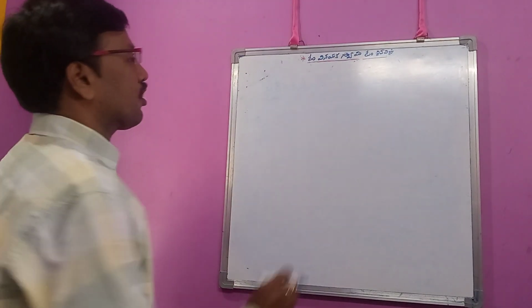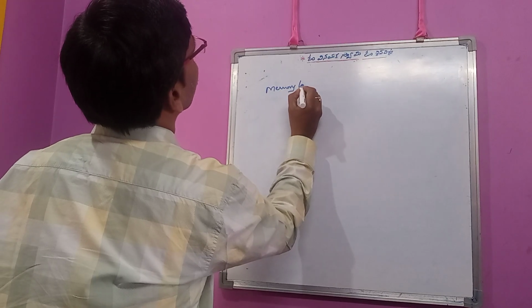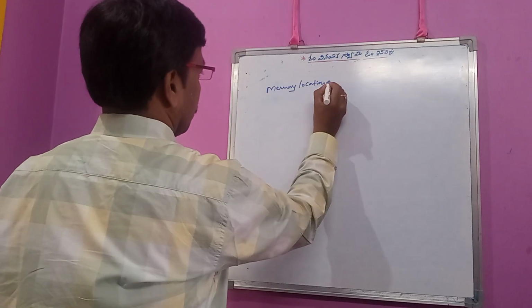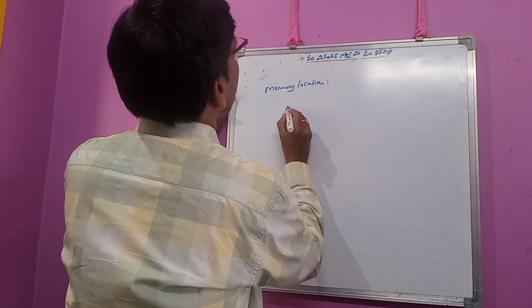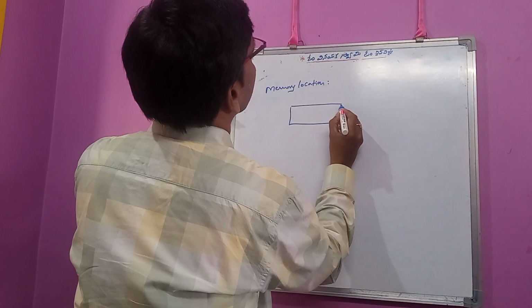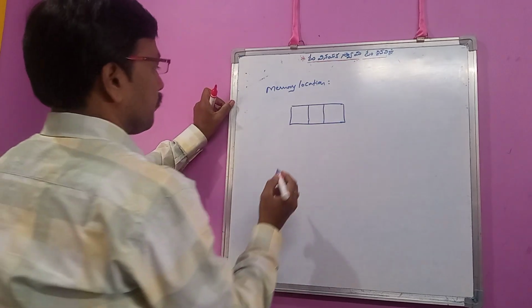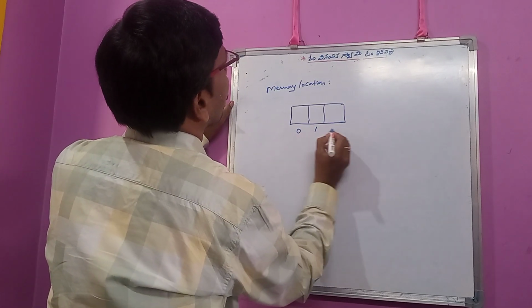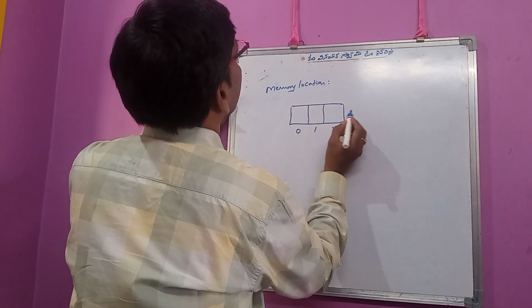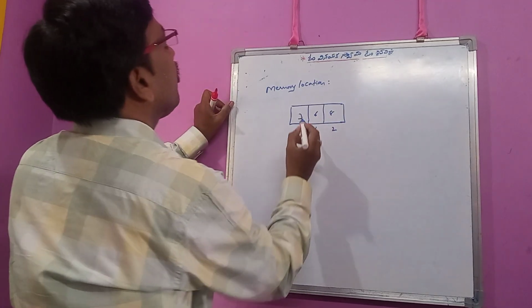You can see the memory locations: 0, 1, 2, with values 5, 6, 8 for example.